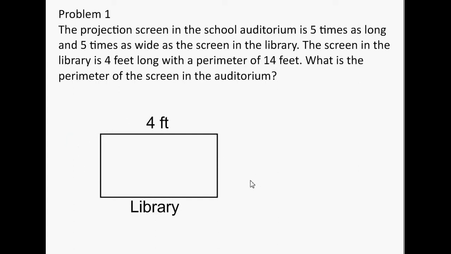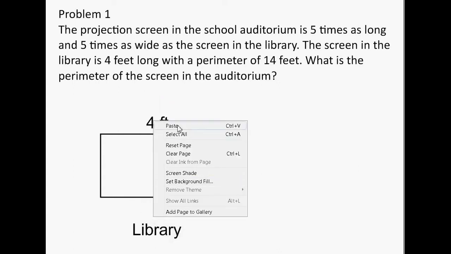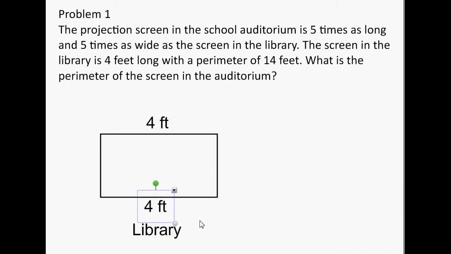Well, it also says that it has a perimeter of 14 feet. So if I know that this side is 4 feet, then I know that this side is 4 feet. So the perimeter altogether is 14. So I know this side is 4 and this side is 4, so that's 8.